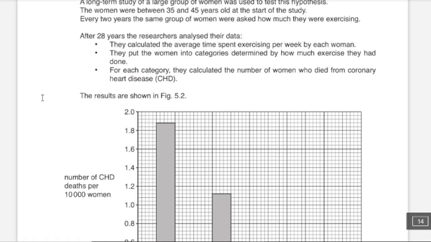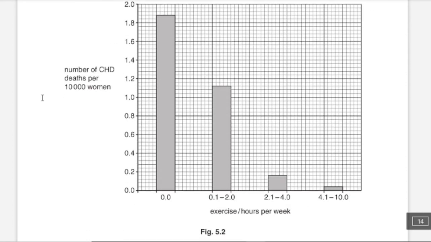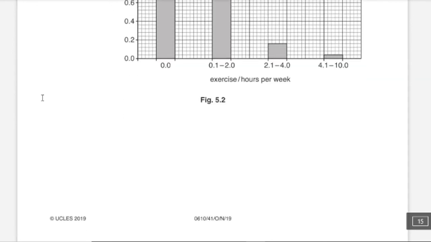After 28 years, the researchers analyzed their data and calculated the average time spent exercising per week by each woman. They put the women into categories determined by how much exercise they had done. For each category, they calculated the number of women who died from coronary heart disease. Here is the data provided in the form of a bar graph.